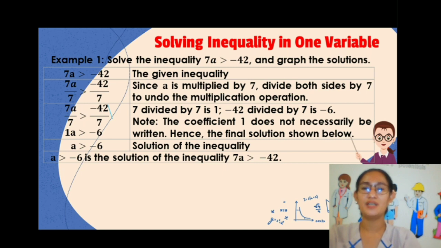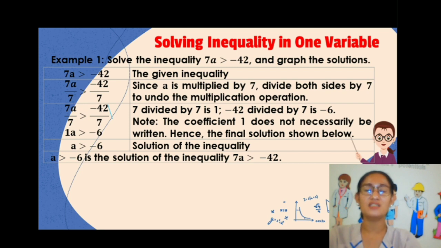Let's have an example. 7a is greater than negative 42. Since a is multiplied by 7, divide both sides by 7 to undo the multiplication operation. 7 divided by 7 is 1. Negative 42 divided by 7 is negative 6.